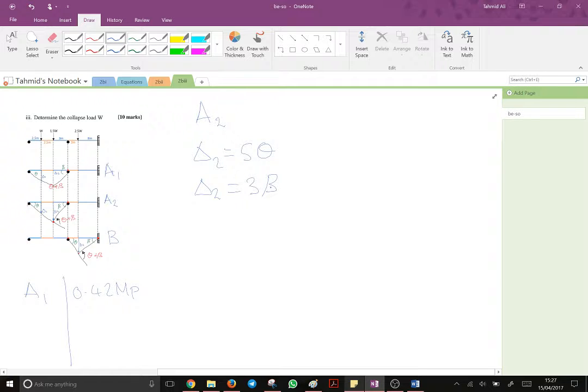So therefore, this implies that beta is equal to 5 over 3 theta. And we also have beta 1, in this section, is going to be equal to 2.5 beta. Might make this a bit smaller.